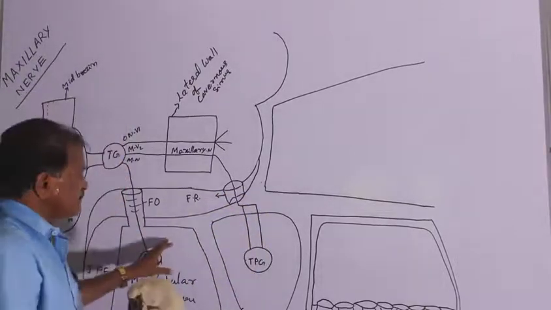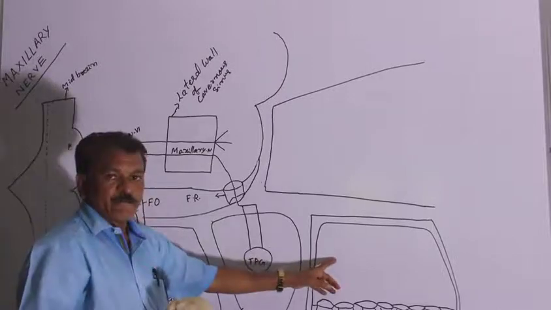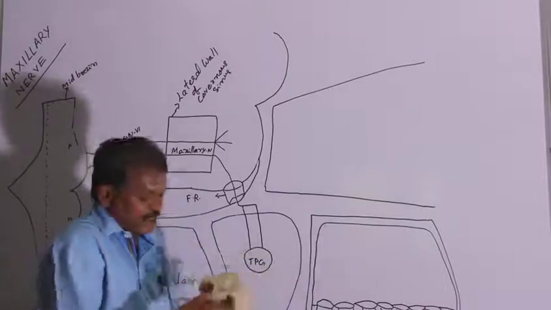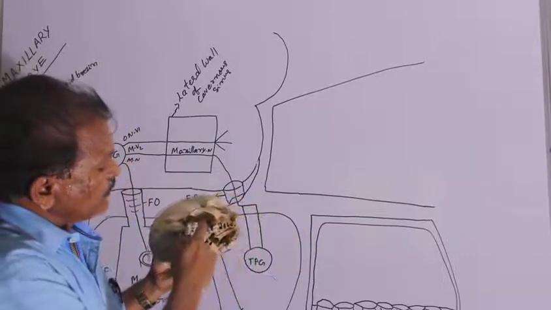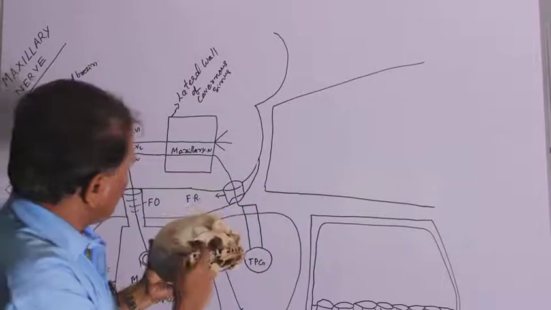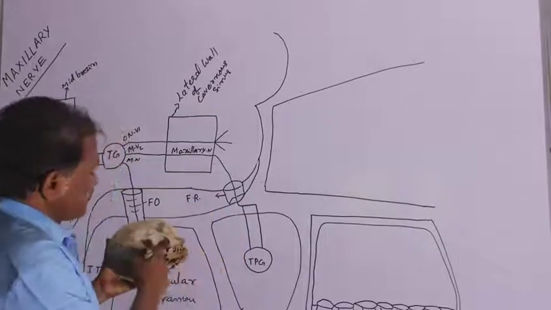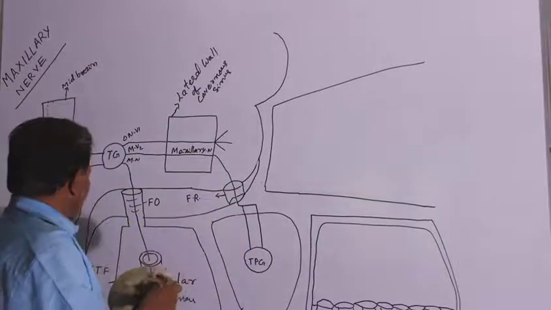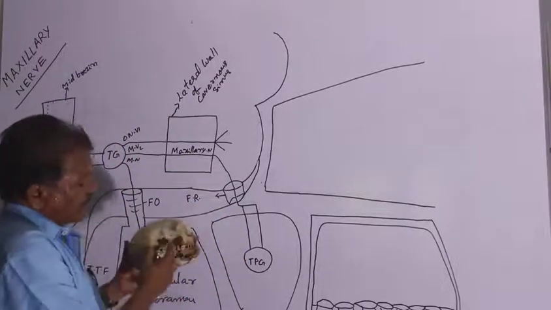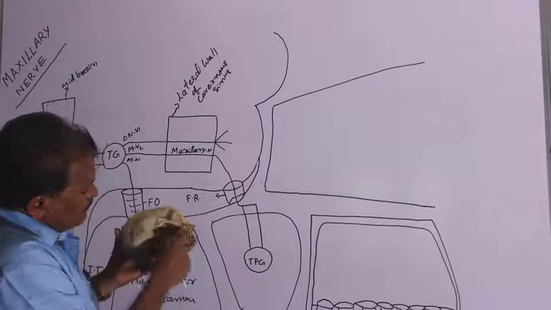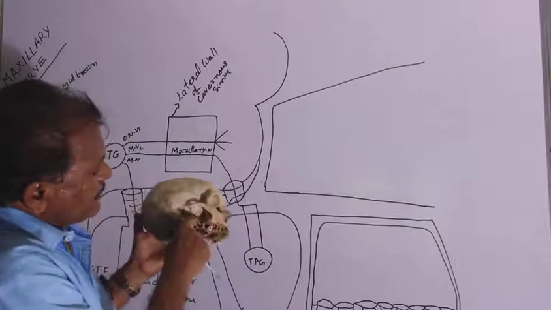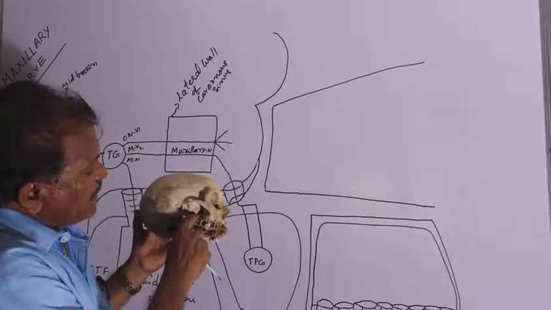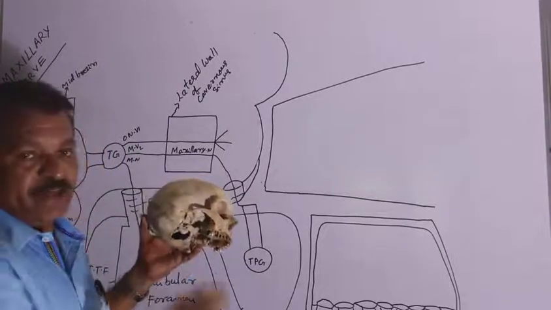Here, on the anterior side there is the maxilla, and on the posterior side is the infratemporal fossa. Posteriorly you see the lateral pterygoid plate. This one is a maxilla.